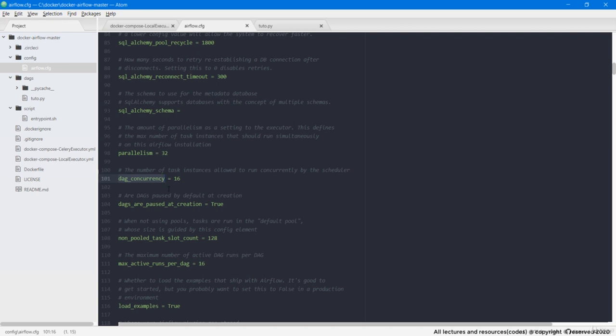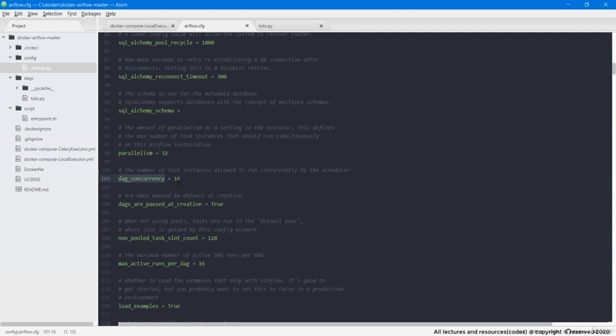Actually guys, there is a subtle difference between parallelism and DAG concurrency, and it is often confusing. Parallelism is the max number of task instances that can run concurrently on your whole Airflow setup. This means that across all running DAGs, no more than 32 tasks will run at one time. And DAG concurrency is the number of task instances allowed to run concurrently within a specific DAG.